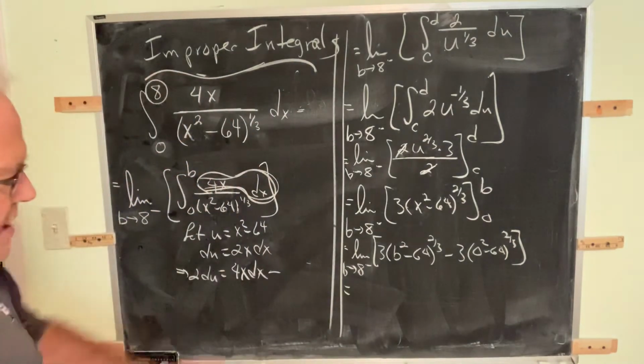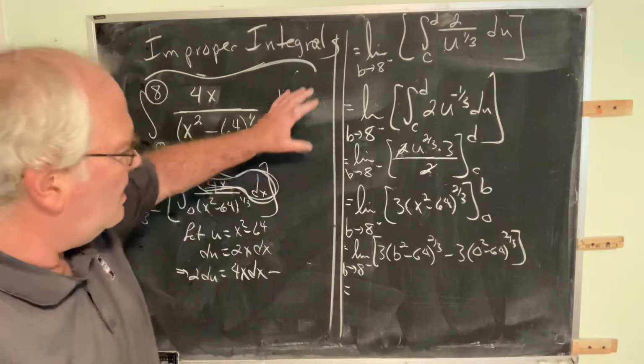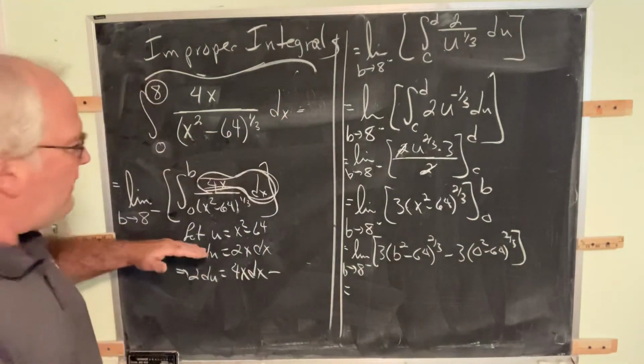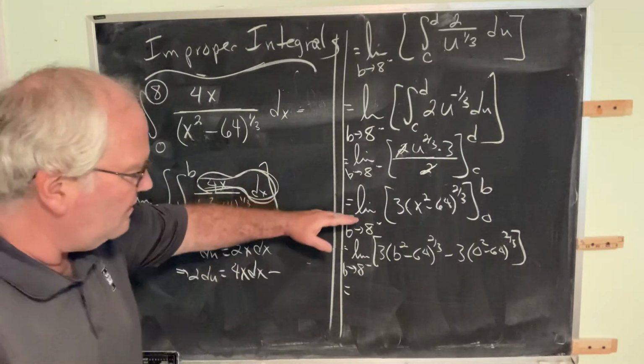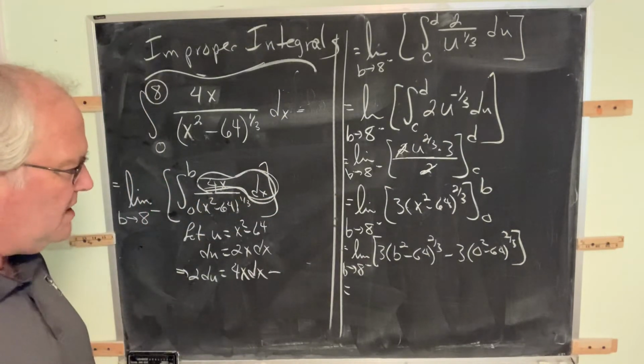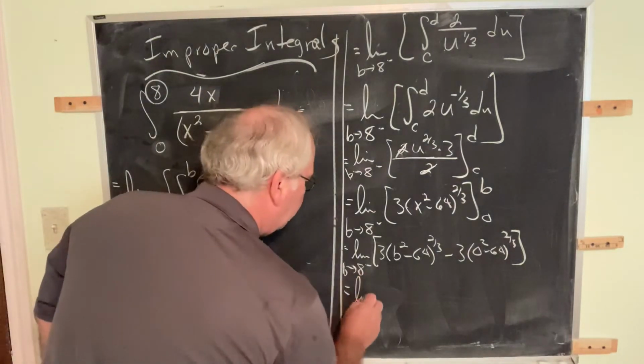And now substitute b equals 8. So we've found the antiderivative, substituted the values for b in the upper and lower limits, and now we evaluate the limit.